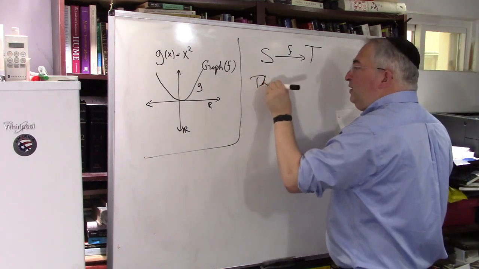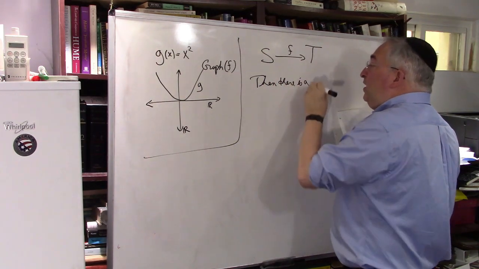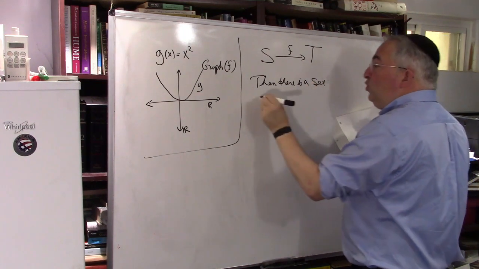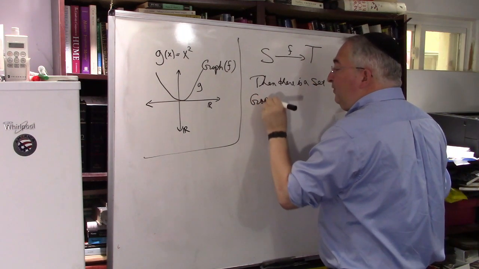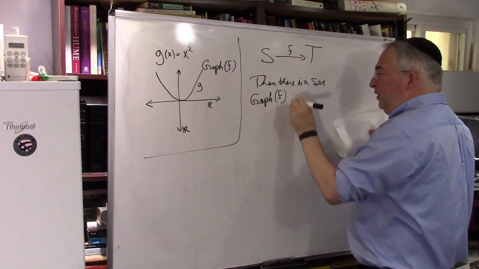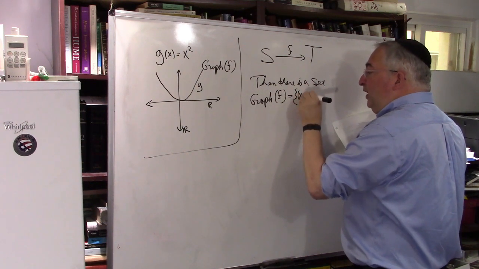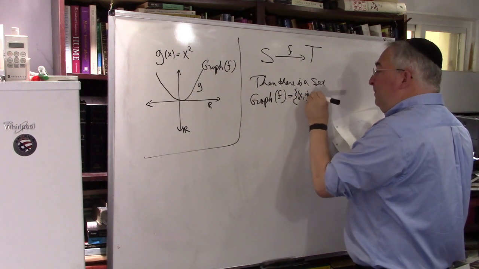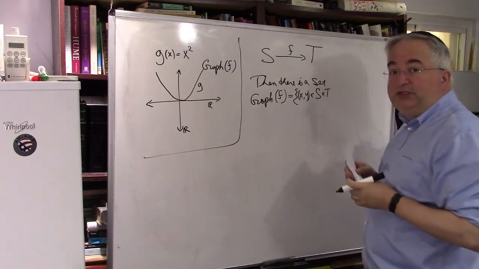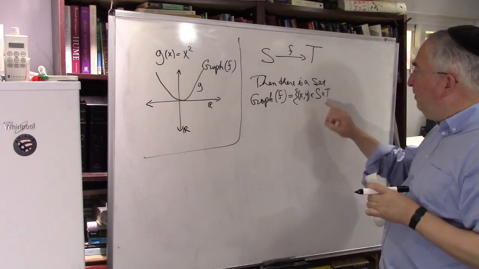Then there is a set called graph of f. Let me show you what it is. It's equal to those x comma y members of S cross T. We saw this last time. What's S cross T? These are ordered pairs, all possible ordered pairs.